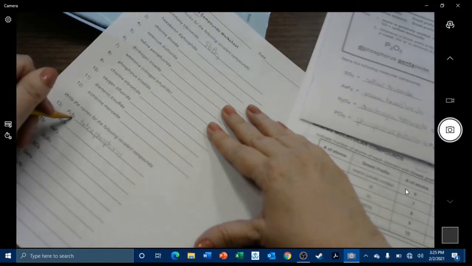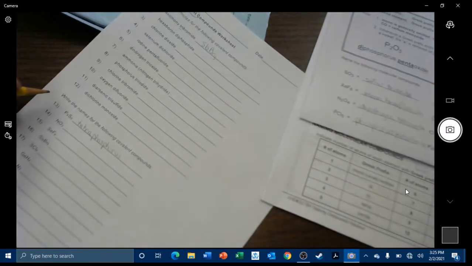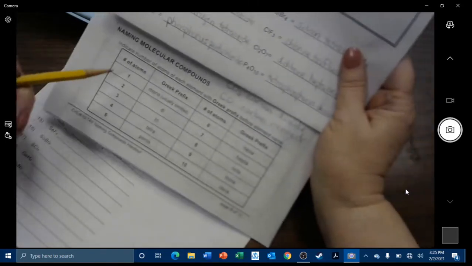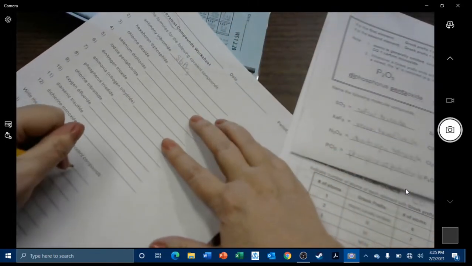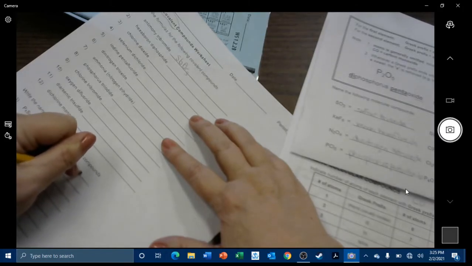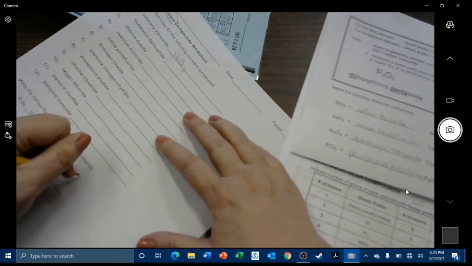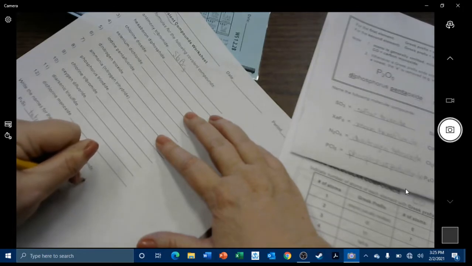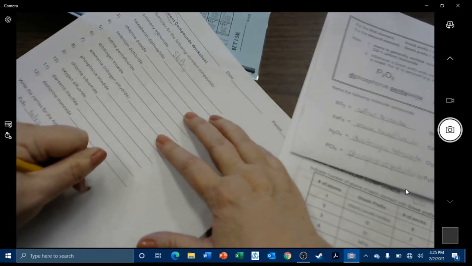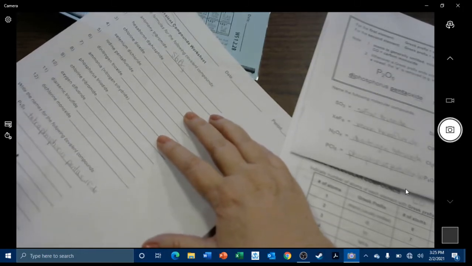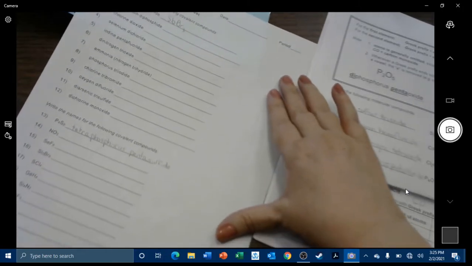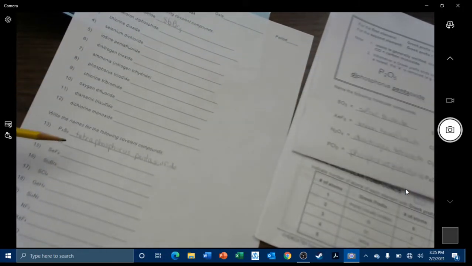And then you have 5 sulfurs. Okay, so 5 is penta. So we'll look, pentasulfide, because you got to have that IDE. Okay, so that's the first 2 on your homework.